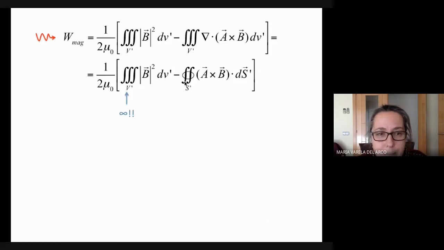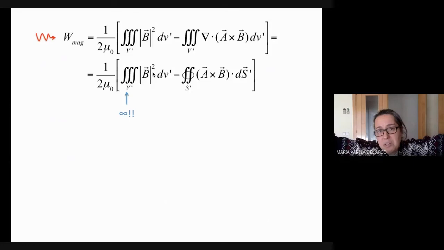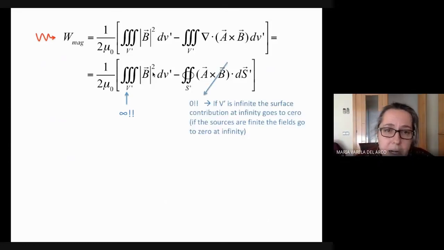And now realize that my volume in principle can be infinite. This is like I can extend this. The magnetic integral is the integral containing the fields. The fields go to zero at infinity in principle, but in the meanwhile, they typically extend to large volumes in the general case.